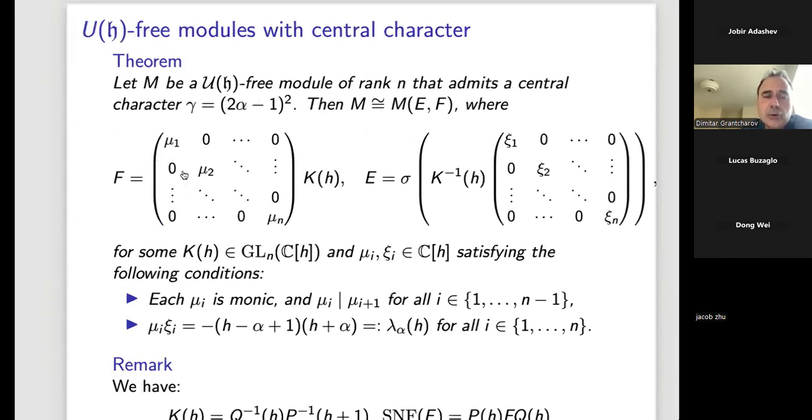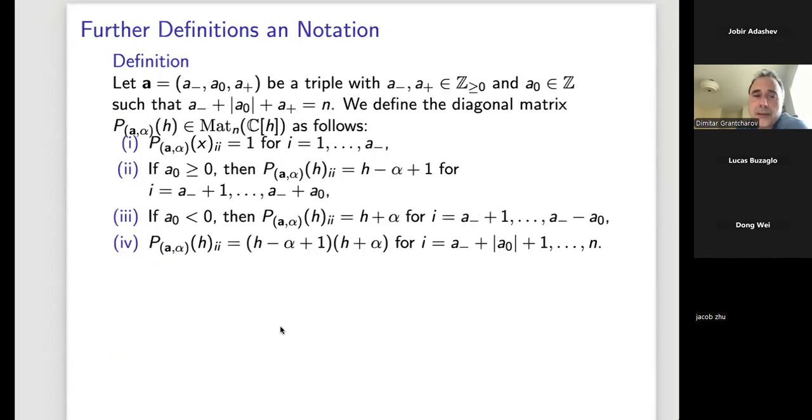But you also put alpha in the picture because the mu_i's are at the end of the day divisors of this degree 2 polynomial. So mu_i is of degree 0, 1 or 2, and degree 1 has two cases.